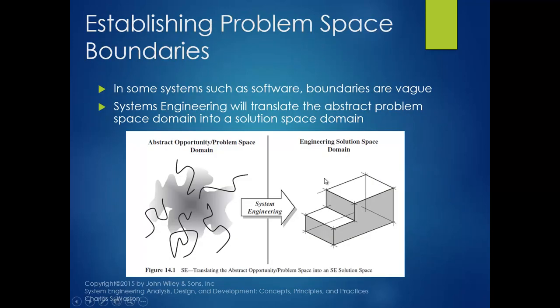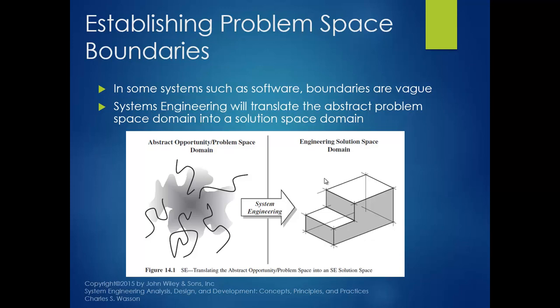In some cases, system boundaries are vague, as we can see in the figure on the left. This is where the systems engineering role comes in handy, to translate the abstract problem space domain into a solution space domain as depicted in the figure on the right.